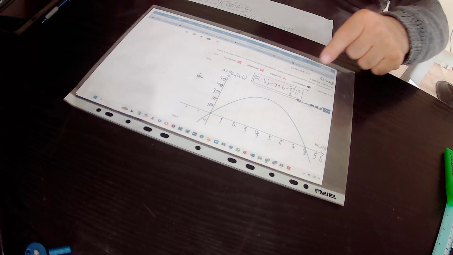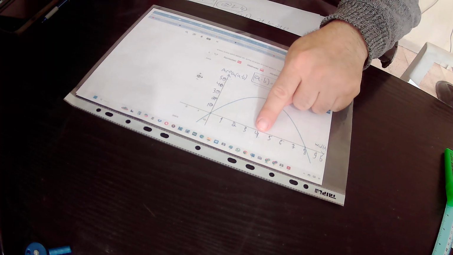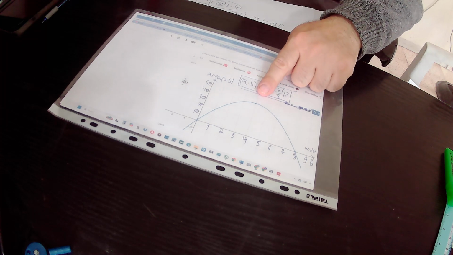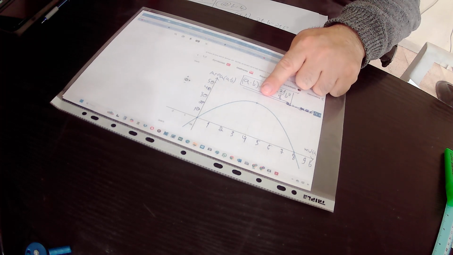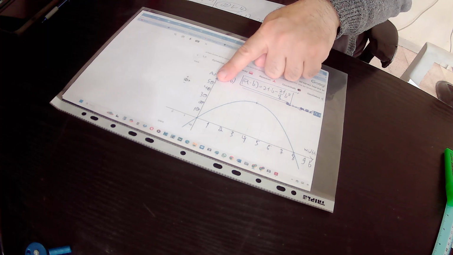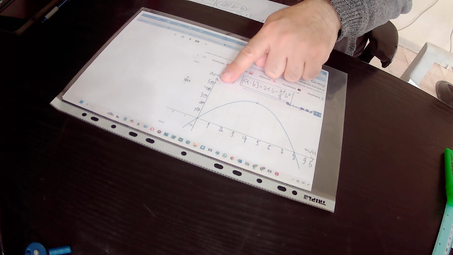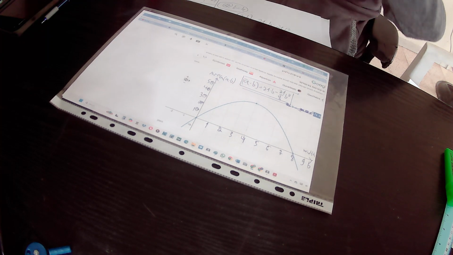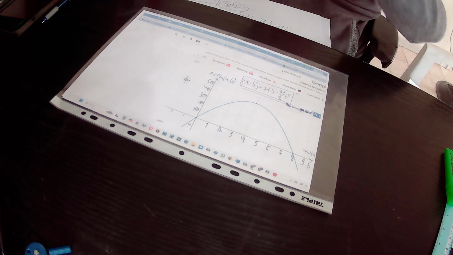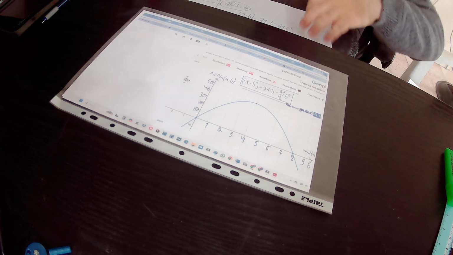From the graph it is very easy to see that when b equals 4, the area is at its maximum value, a little bit above 40 square units. So we confirm that the extreme point we found, b equals 4, is indeed a maximum extreme point and not a minimum extreme point.